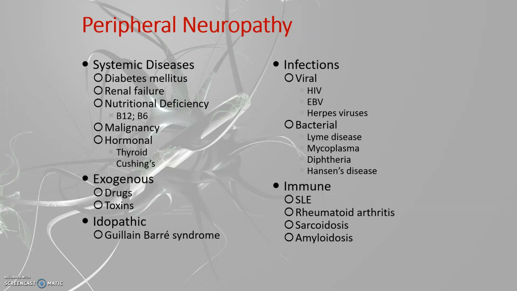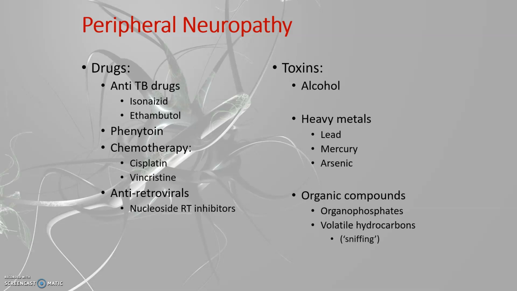Think about systemic diseases such as diabetes, renal failure, vitamin B12 deficiency, malignancy, hormonal diseases such as thyroid disease or Cushing's disease, exogenous causes, idiopathic causes such as Guillain-Barré syndrome, various infections, autoimmune disease.